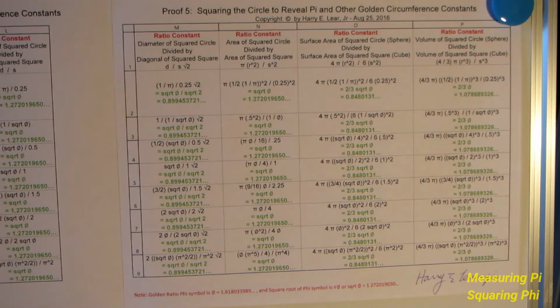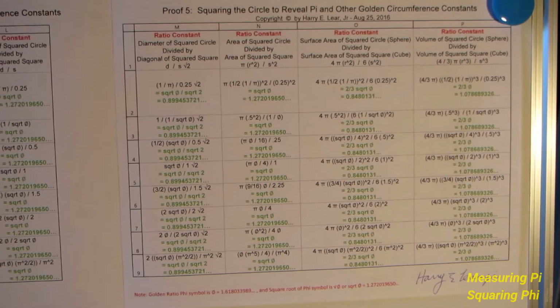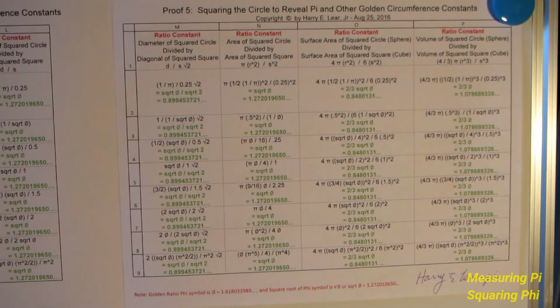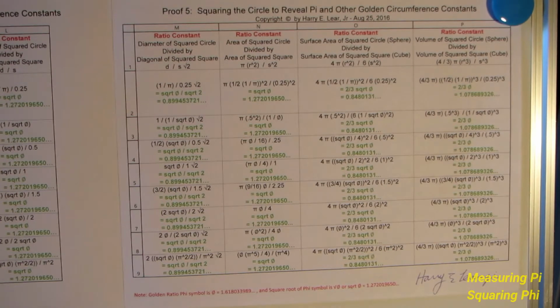So what we really discovered here is that besides pi as a universal constant, we discovered 5 more universal constants. Once you square the circumference of a circle to the perimeter of a square and list the attributes of the various circles and the squares involved, you get more universal constants.